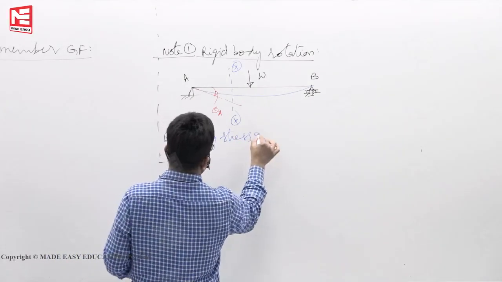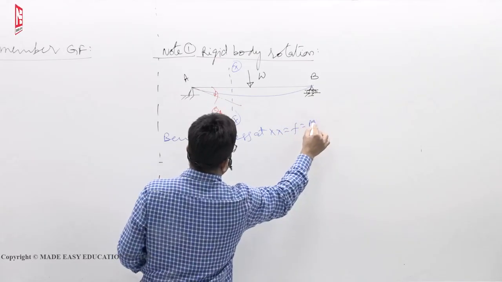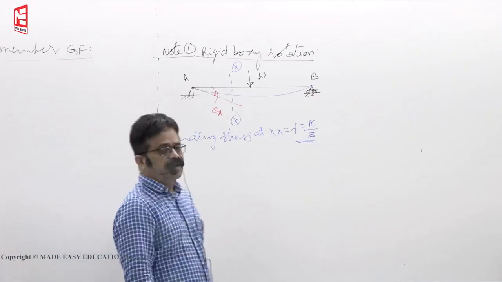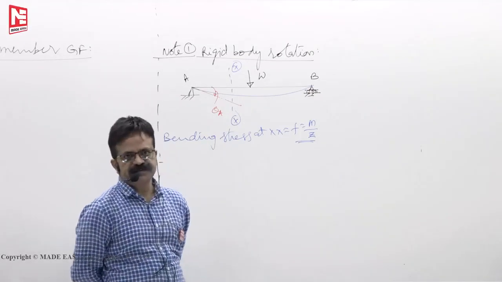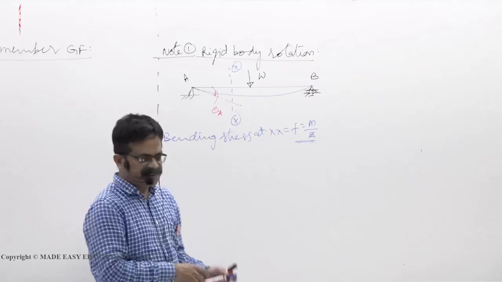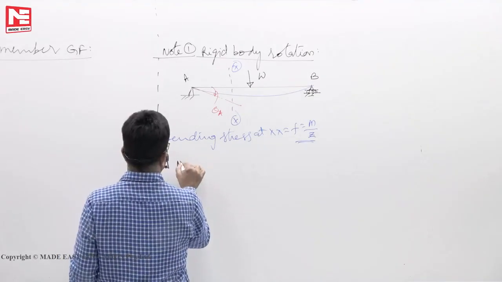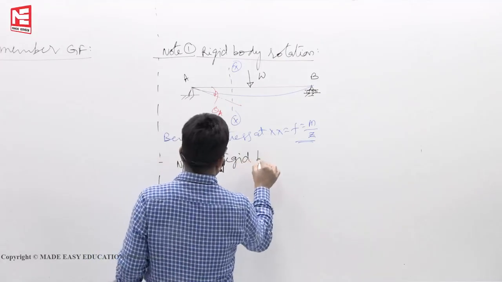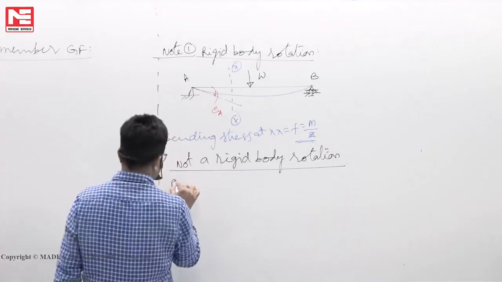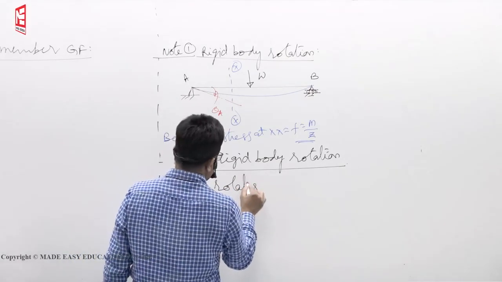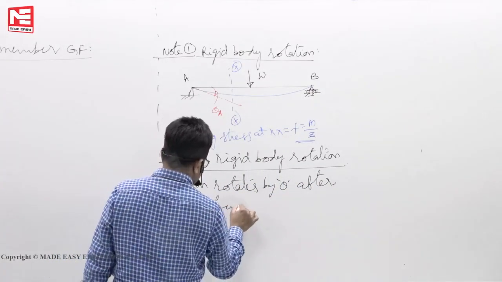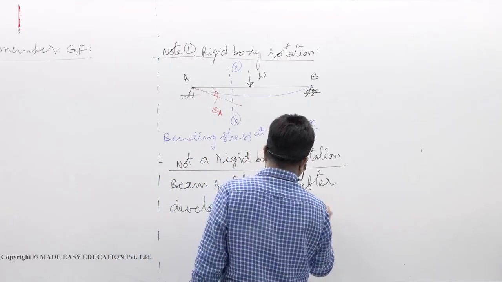So the simply supported beam rotated by theta A after developing a bending stress of M by Z. If it rotates after developing a stress, it is not called rigid body rotation; it is rotation after deformation, because the beam rotates by theta after developing a bending stress.